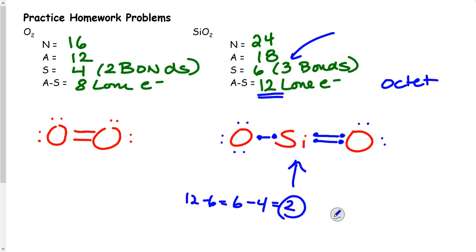It needs 2 more. We're going to put them on the top of silicon to give it a lone electron pair on the top. Okay, and again, let's just clean this one up. Okay, so that it looks nice. Okay, in terms of your bonding.